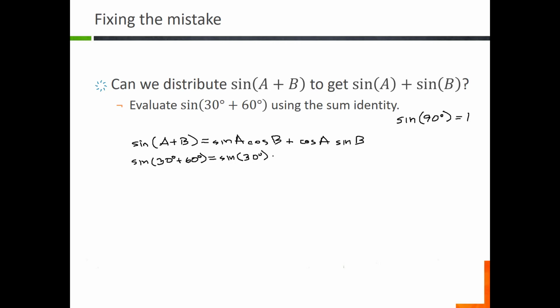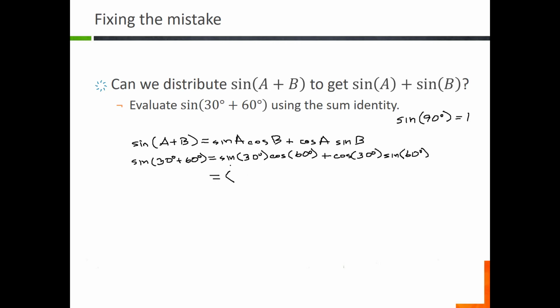So sine of 30 degrees and then the cosine of 60 degrees, plus the cosine of angle A, which is that 30 degrees, and then the sine of B, and B is 60 degrees. So we've rewritten the sine of 30 plus 60 as 4 trig expressions. So we need to go through and evaluate all 4 of these.